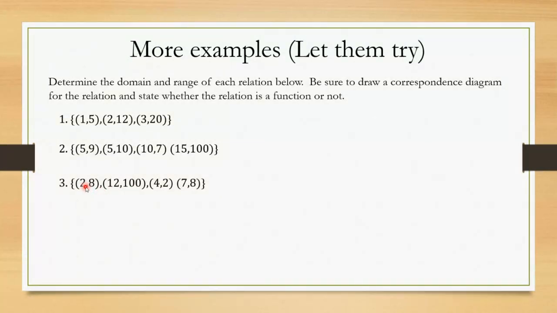Right? This is saying 2 is assigned to 8, 12 is assigned to 100, 4 is assigned to 2, 7 is assigned to 8, as you can see. So this is what happens here. So we do have a function here.